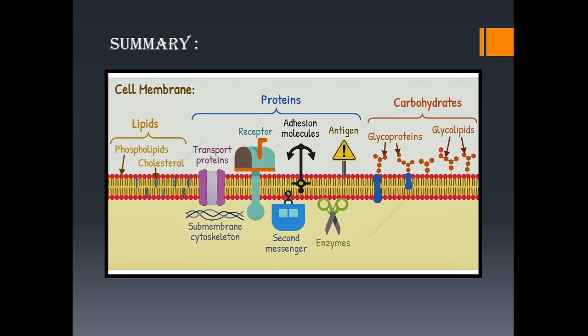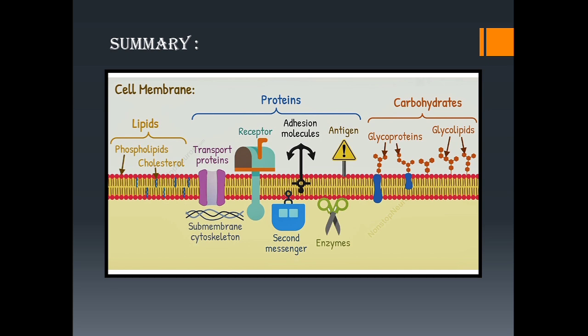And carbohydrates, we can see two types of carbohydrate parts attached to the plasma membrane. The carbohydrate part attached directly to the protein, that protein is called a glycoprotein. And the carbohydrate part attached directly to the lipid part of the plasma membrane is called a glycolipid, which also helps as receptors and in the immune reaction.